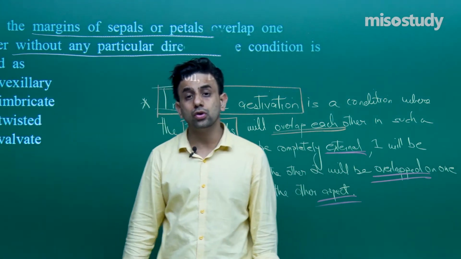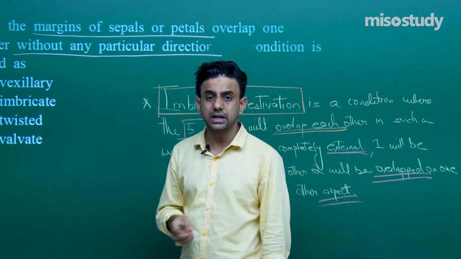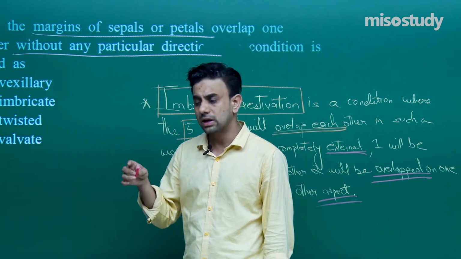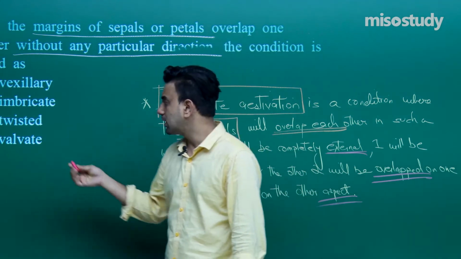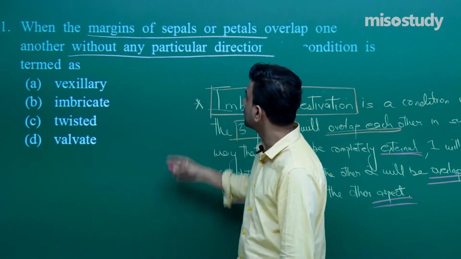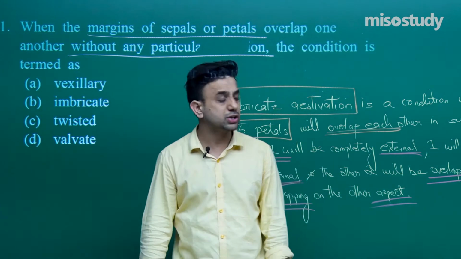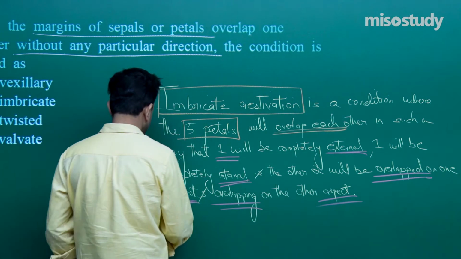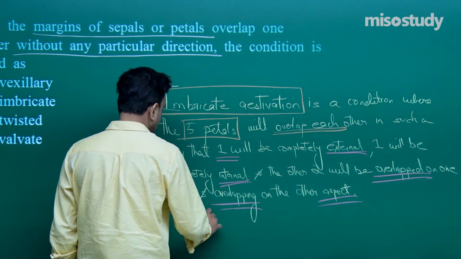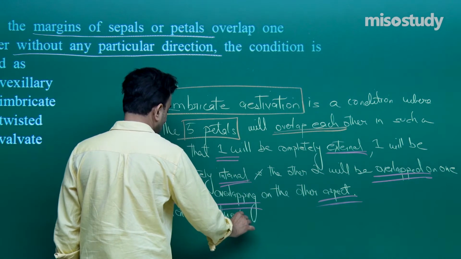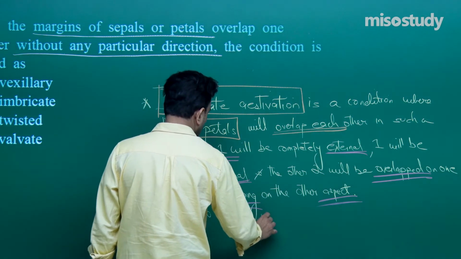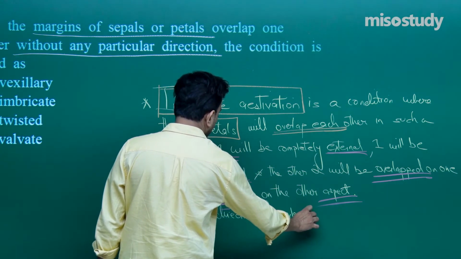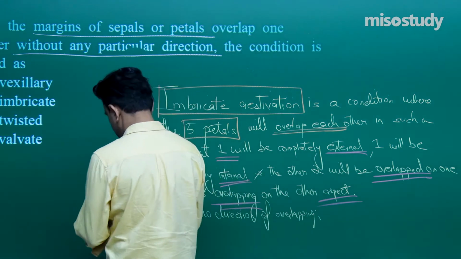However, in the twisted condition, the appendages were overlapping each other one after the other. But here in the imbricate condition there is absolutely no direction of overlapping.